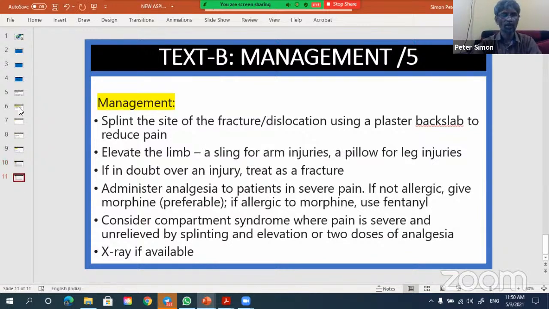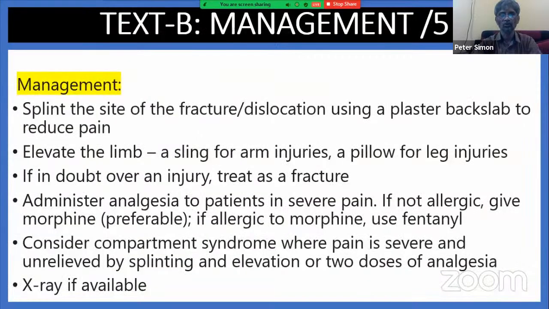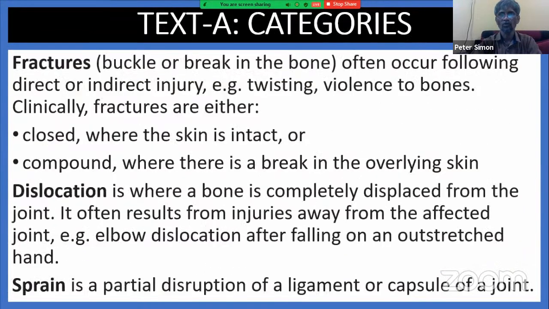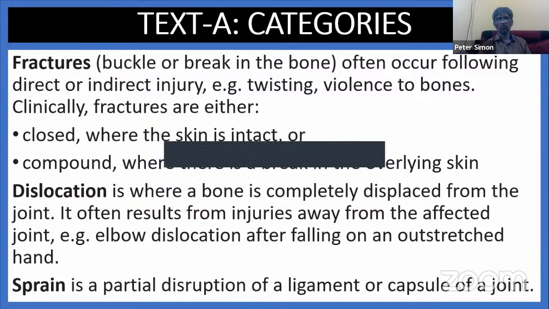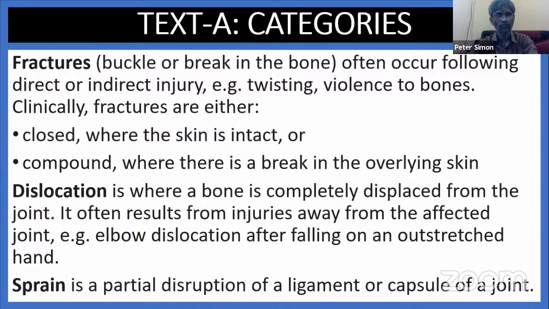Okay, before going to part C, yes, let me show you all these five. So this is text A. Text A. So go through this one now. So fracture, dislocation, and sprain.